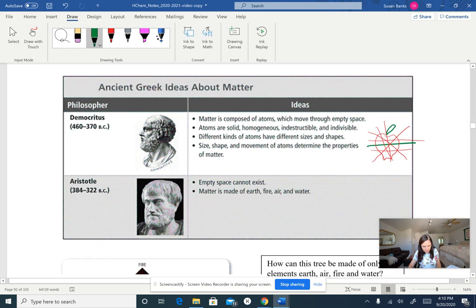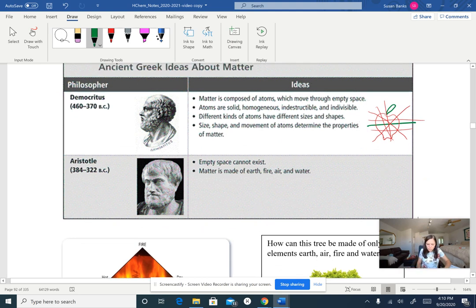We have Aristotle. He actually stole this idea from a guy called Empedocles. So Aristotle and Empedocles said that empty space cannot exist. All matter is made out of four elements, four and four only.